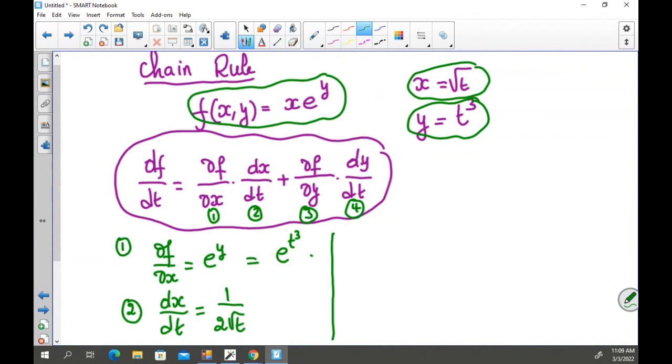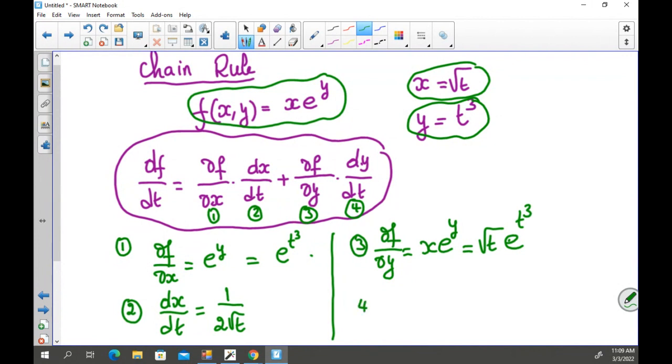Equal, just equal. Number 3, df over dy is x e to the y. So now we substitute everything. That will give us square root of t e to the power of t cubed.